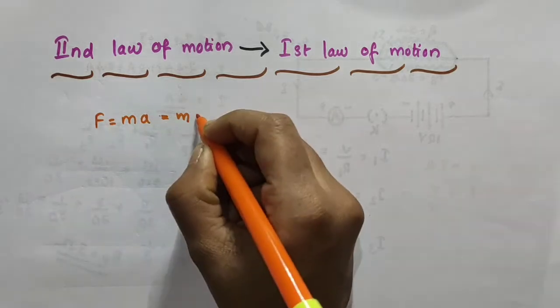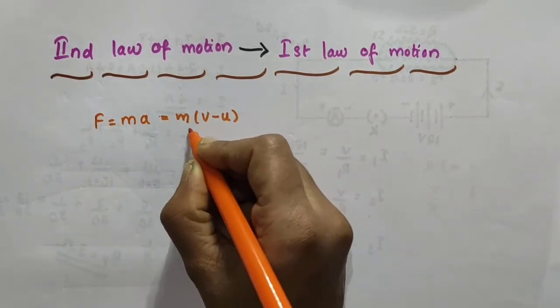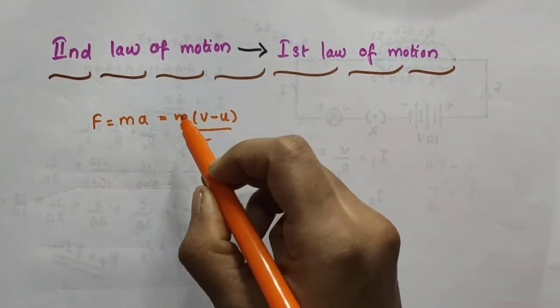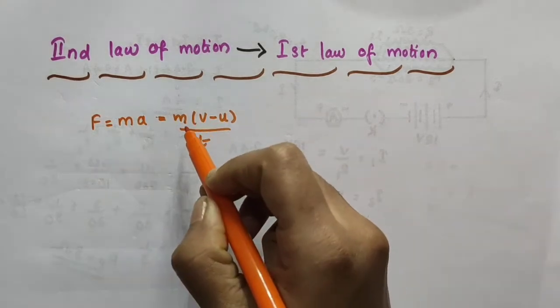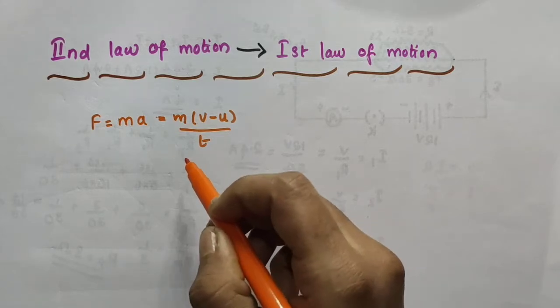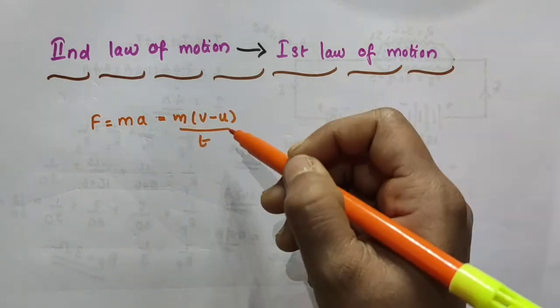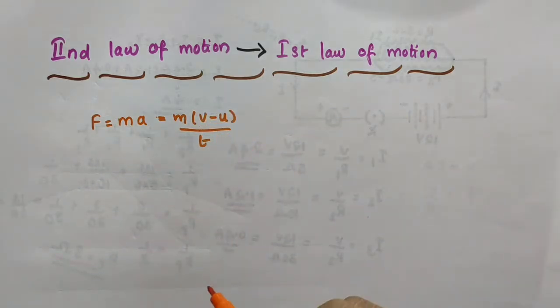Acceleration is equal to the final velocity v minus the initial velocity u, divided by the time taken t. Here m is the mass of the object, v is the final velocity of the object, u is the initial velocity of the object, and t is the time taken to change the velocity from u to v, that is, from initial velocity to final velocity.